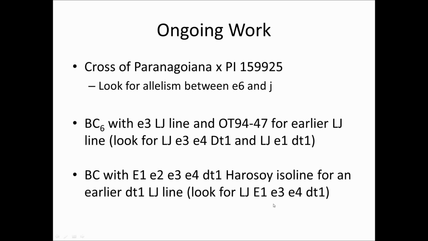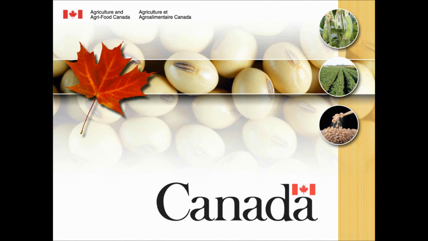This combination is one that will grow and mature in Ottawa, provide a relatively good yielding genotype, not quite as good as the conventional little E1 indeterminate types, but relatively good yielding, and to combine that with long juvenile. So with that, I'll turn it back to Kristen.